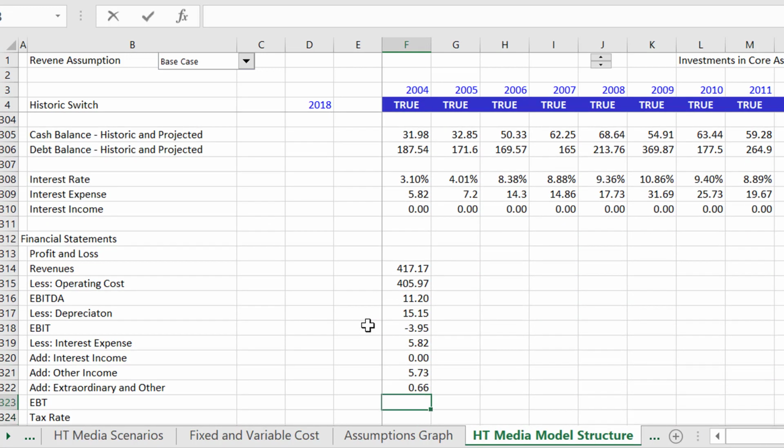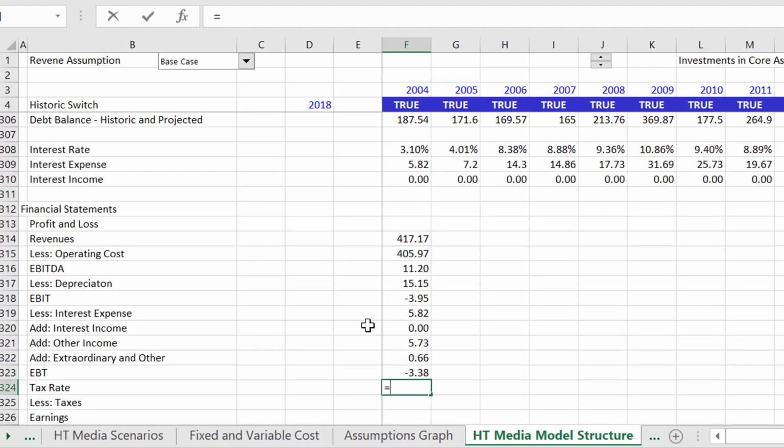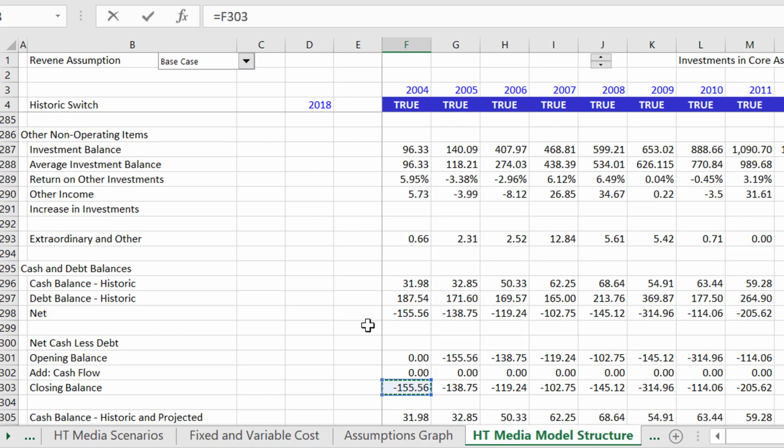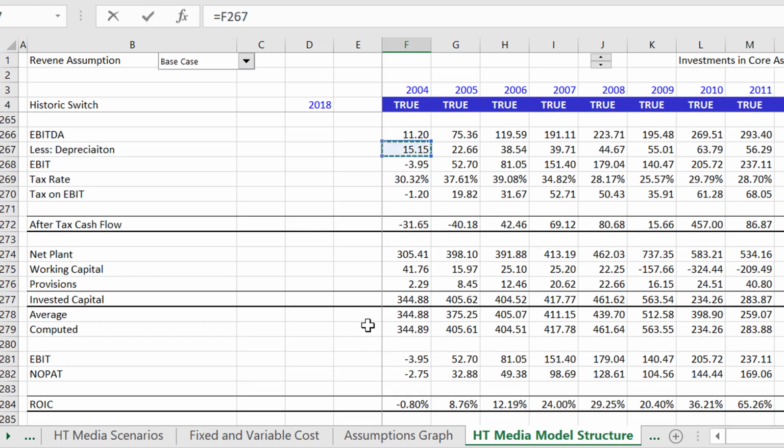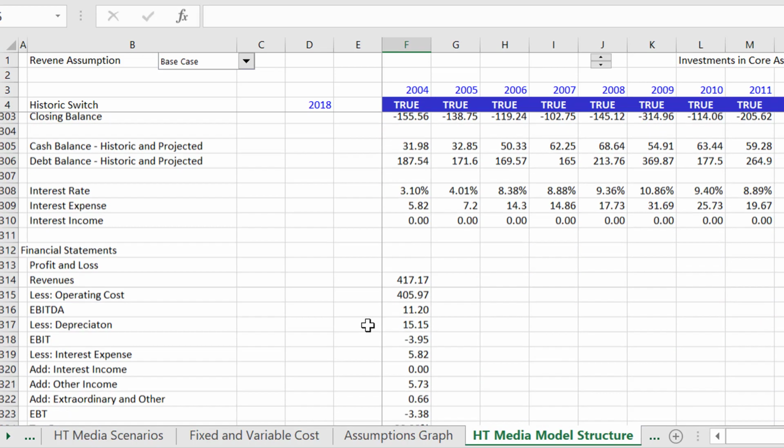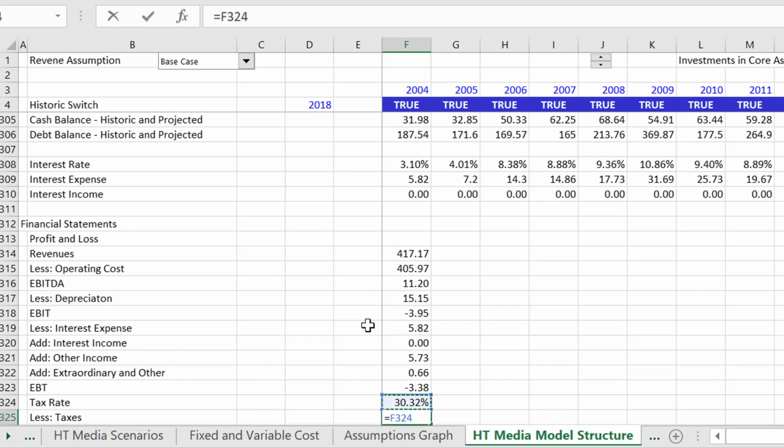That's just going to make sure everything kind of works, and then we can take our EBITDA minus our interest plus our interest income plus the other income plus, I hope, the extraordinary, and then we get our kind of taxes, and then we'll re-put the tax rate in.